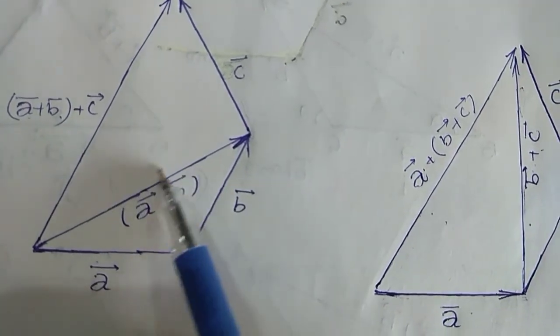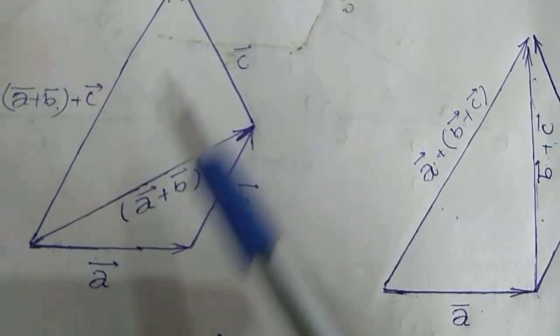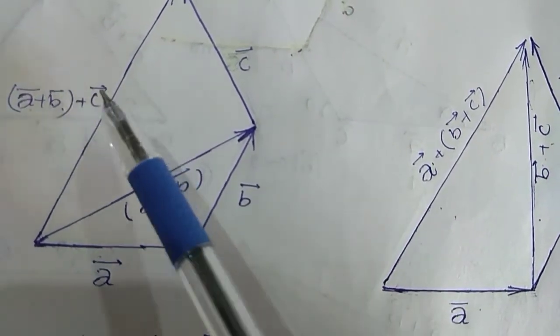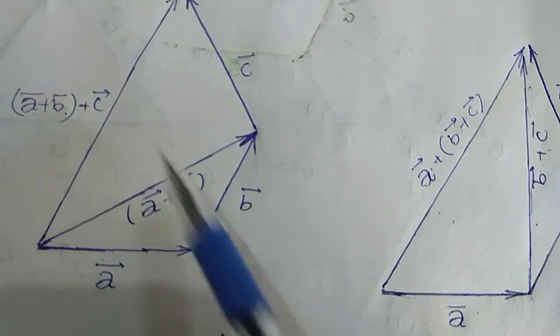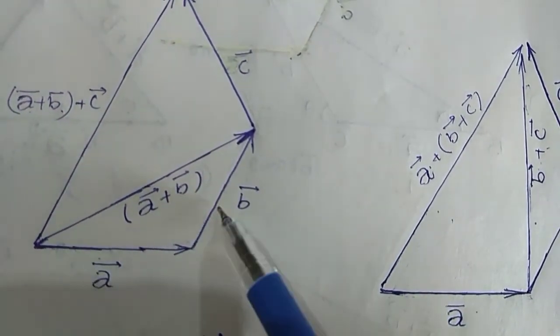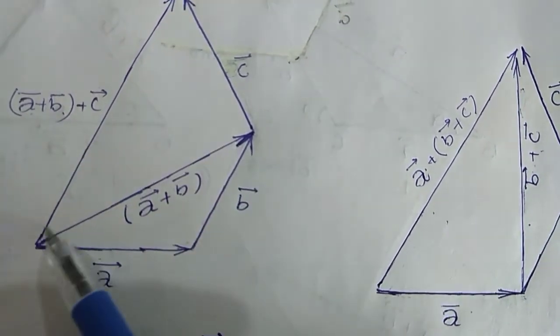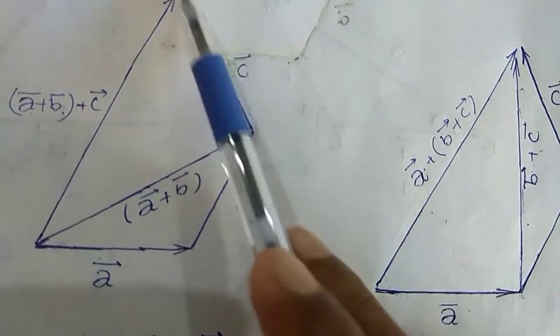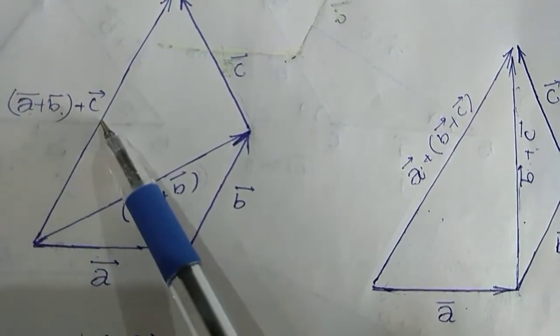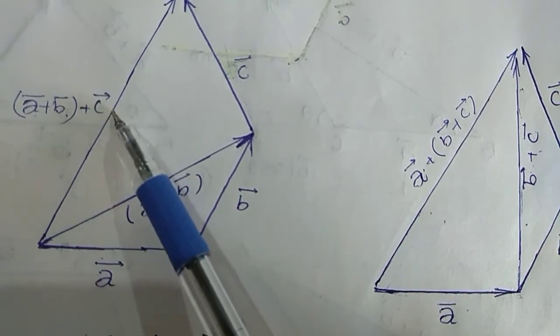Obviously A plus B is also a component of vector A plus B plus vector C. That is, all these vector pairs are components of this vector. So there are an infinite number of components of this vector.